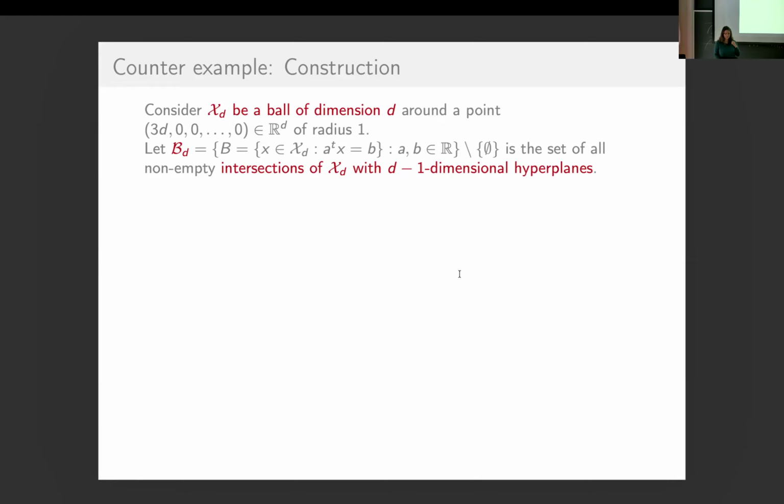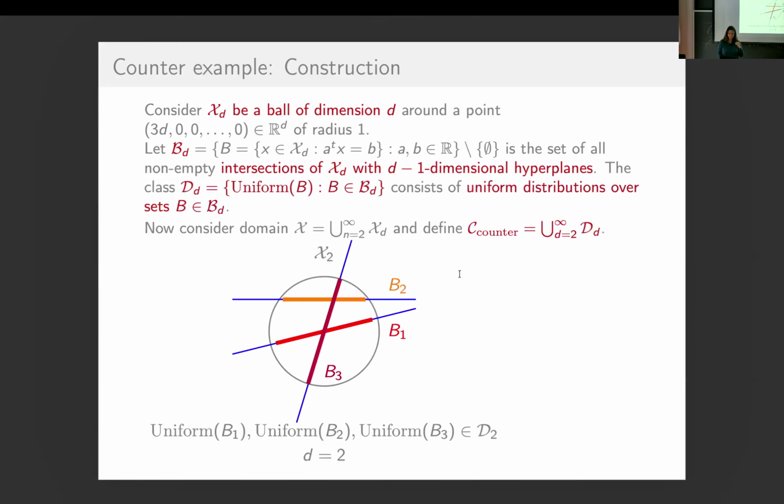And then we take intersections with d-1 dimensional hyperplanes. We take those sets and consider uniform distributions over the sets. So for d equals 2, it looks like this.